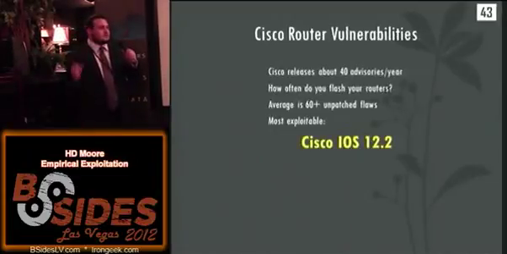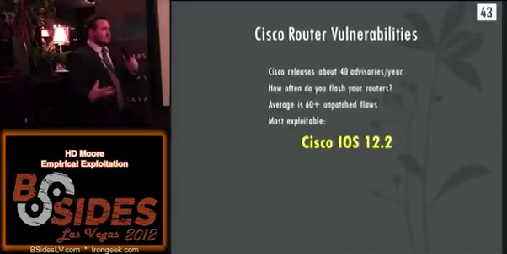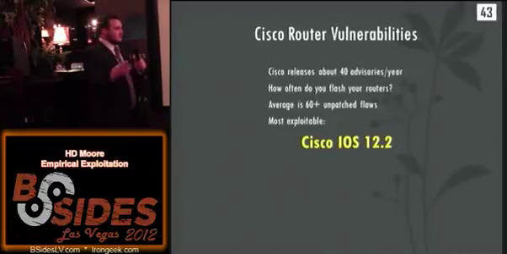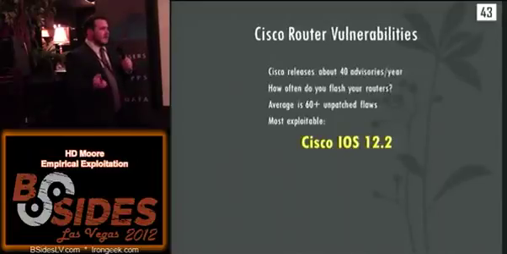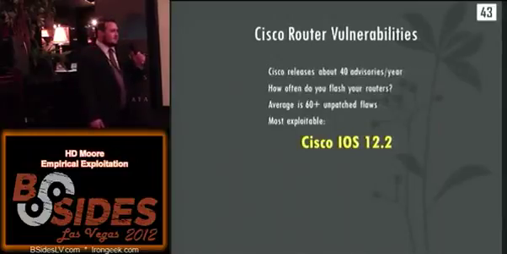So 12.2 is the first version that had enough features, that had enough vulnerabilities, and never got patched enough that it's still the most widely exposed version of Cisco IOS out there. It's different from the most common version of IOS, but it's the one with an average of about 95 vulnerabilities per machine with Cisco IOS 12.2. So if you have a Cisco IOS 12.2 box, you should probably think about patching it.